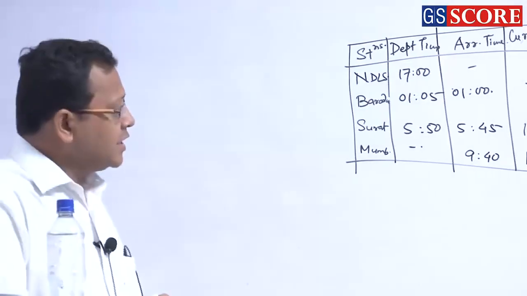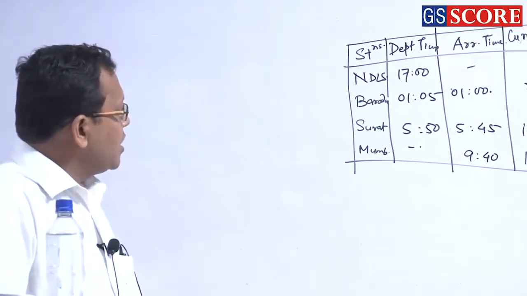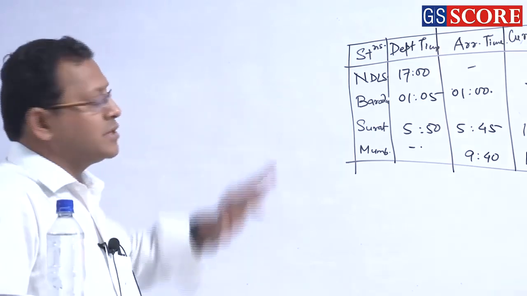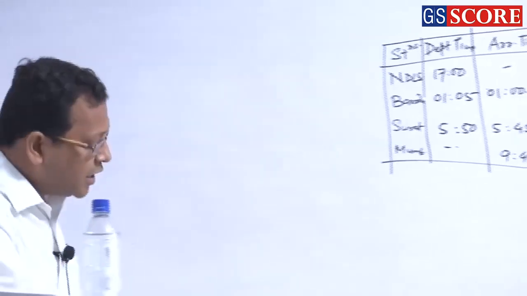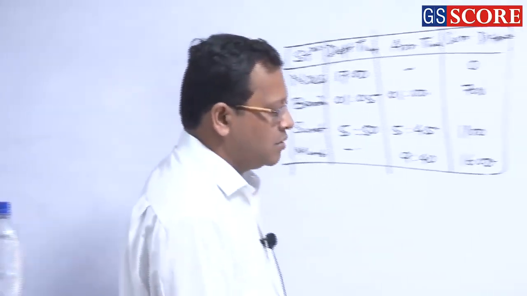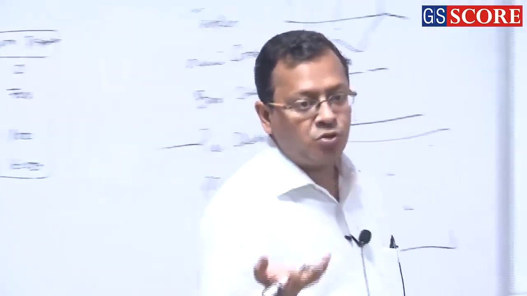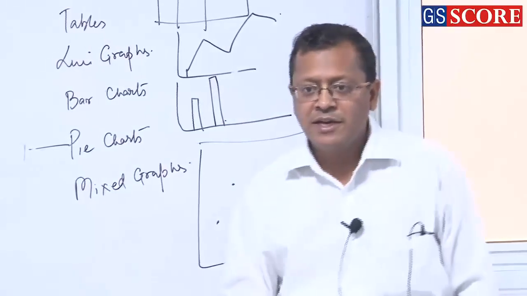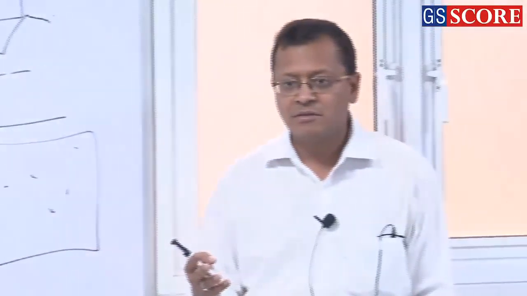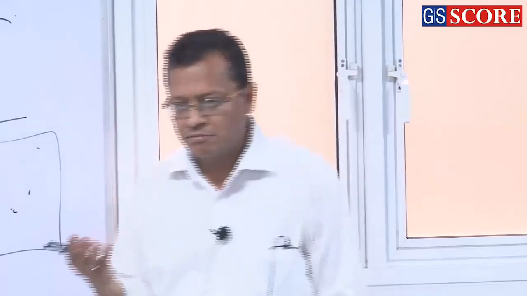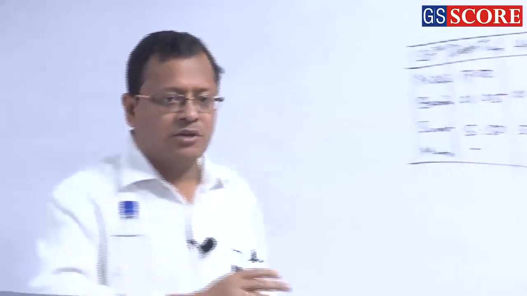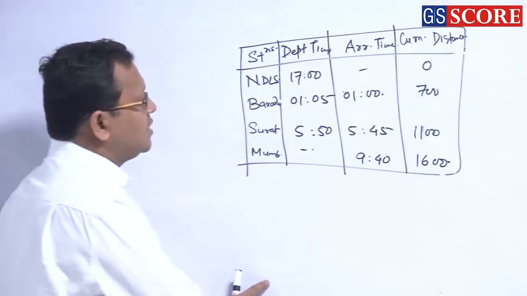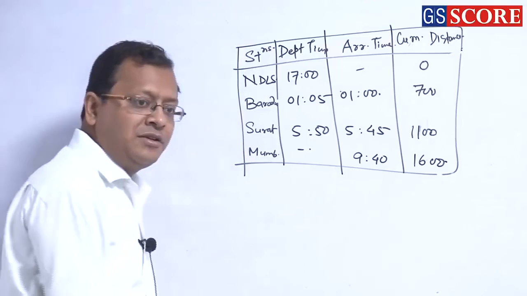Now, how many things can you infer from this table? What can you infer from the table? The distance between two stations is what you have just told me. Any other things? The schedule of the train, that is a basic thing. But what more? You can say, okay sir, we can calculate the speed of the train.